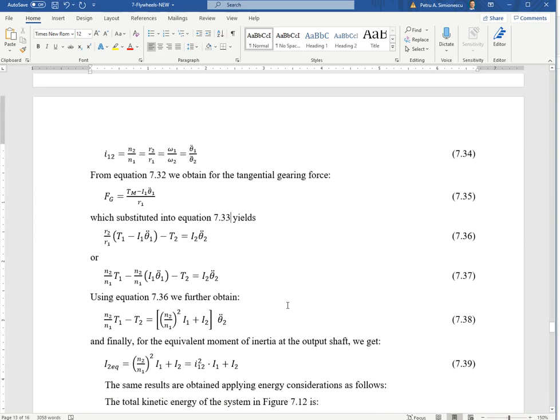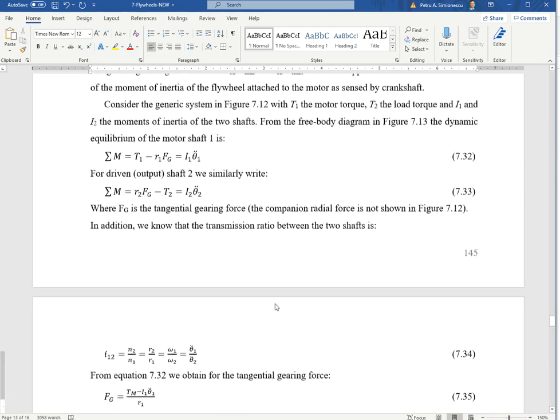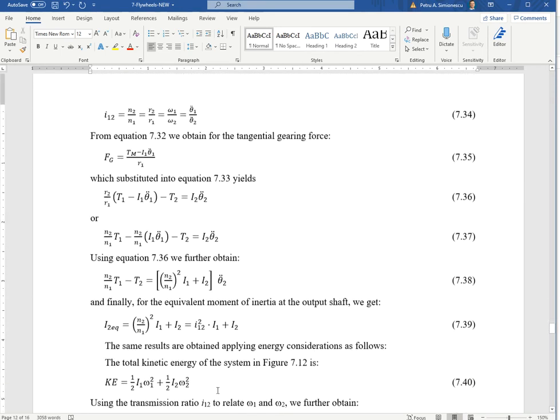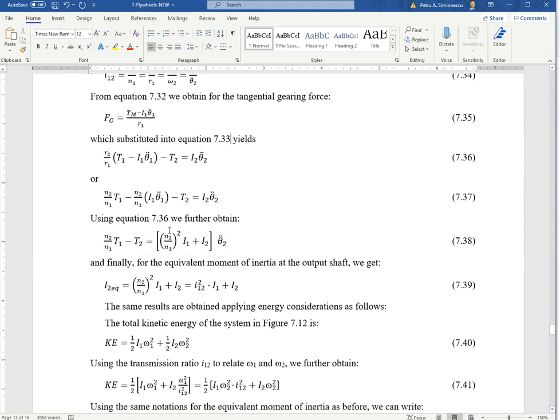I'm making a correction. So we work the equations, and we want to essentially have an equivalent I term multiplying, like in Newton's law for rotating bodies, to have an equivalent moment of inertia, and we identify this indeed as the equivalent moment of inertia.